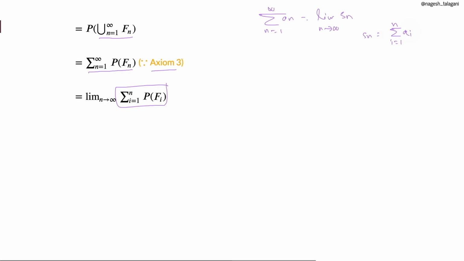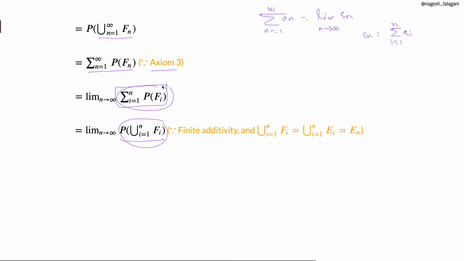Now here F1, F2, and so on up to Fn are mutually exclusive. So by finite additivity, this probability can be written as the probability of the union i equal to 1 to n of Fi. Because of finite additivity, this probability is the same as this.